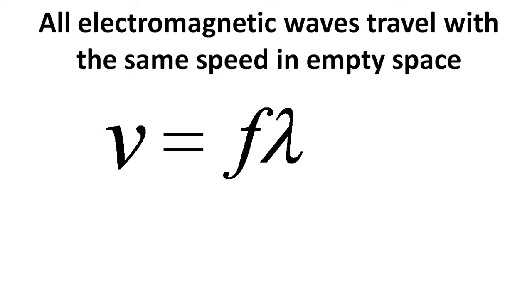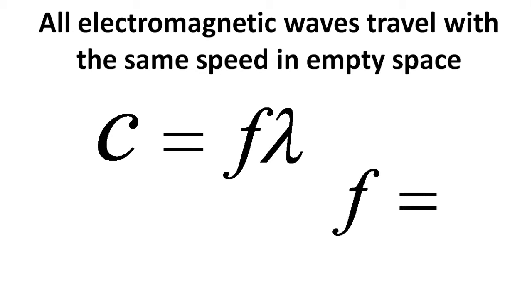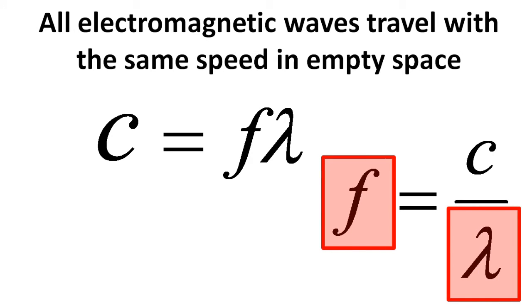Correct. So, we can use C in place of V in that formula, and it becomes C equals F lambda. Now, if we make F subject of the formula, we get F equals C over lambda. Since C is constant for all electromagnetic waves, the formula clearly shows that F and lambda are inversely related.